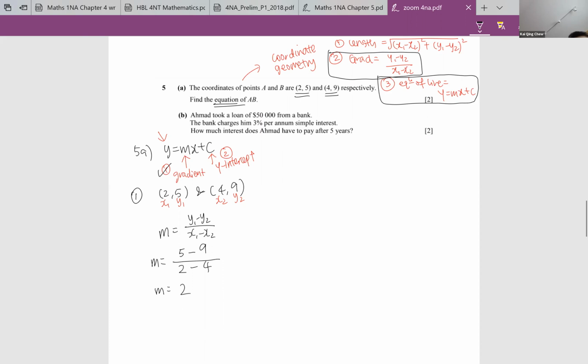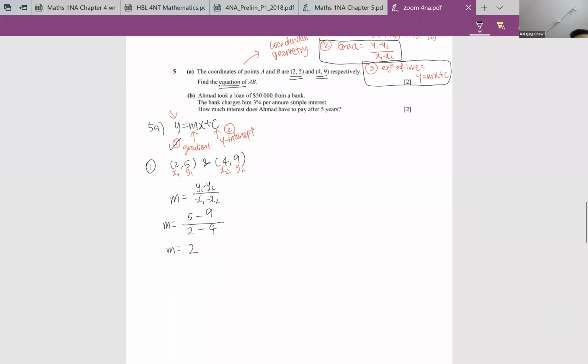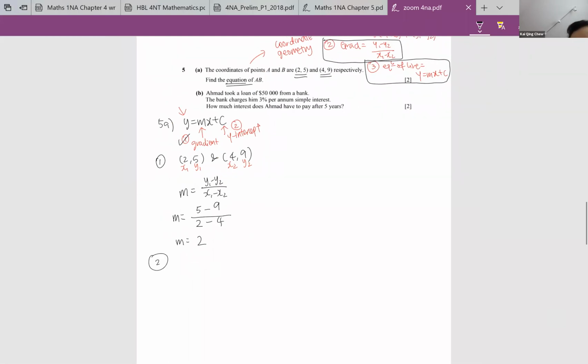Then my next step is to find the y-intercept. For this you need your gradient, m equals 2, and 1 coordinate. (2, 5) or (4, 9) doesn't matter. Always pick the easier point. I can pick any point because these 2 points lie on the same line. I'm going to pick (2, 5) because it looks easier to work with.